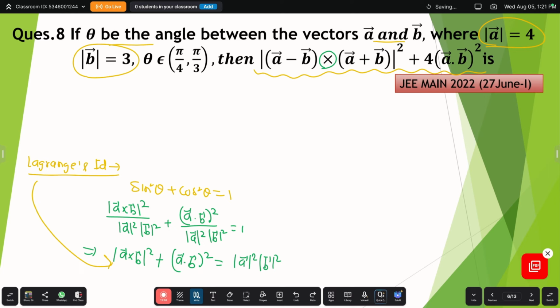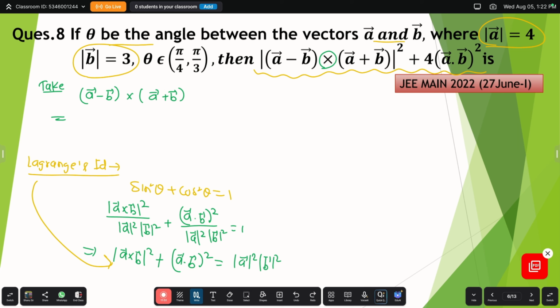It is the mod of A vector minus B vector cross product A vector plus B vector, whole square, plus 4 A dot B whole square. Before calculation, can I solve the inside quantity? Take separately the quantity inside that bracket: A vector minus B vector cross product with A vector plus B vector.